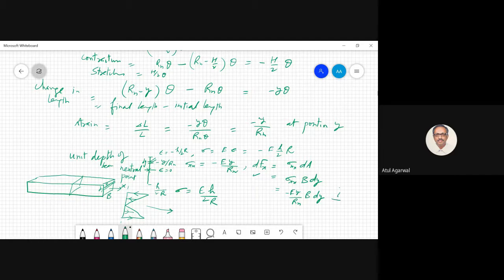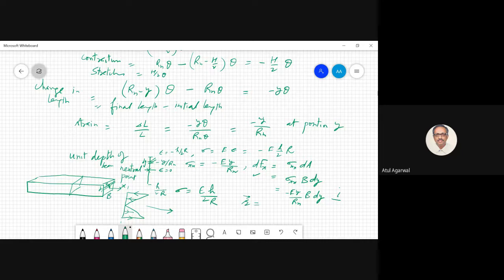And what is the position? Now you can assume this force is acting at the centroid of this strip. So this entire force you have assumed as acting at the centroid, and this is the equivalent force acting at the centroid of this strip. So what is the position vector of this centroid?